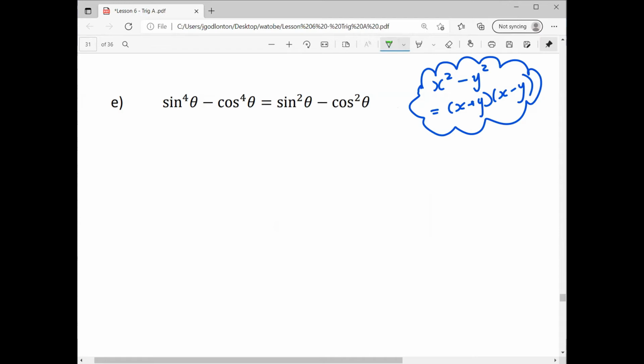So the silence is telling me that people are struggling a little bit, which is fine. I just want to pose you a question. If this is difference of two squares, if I had x to the power of 4 minus y to the power of 4, what would my difference of two squares look like? What would be in those two brackets?